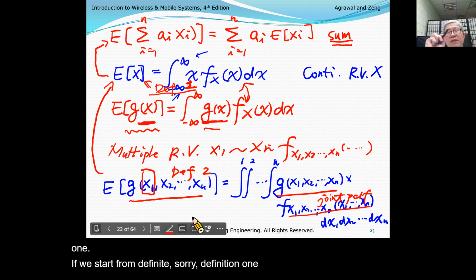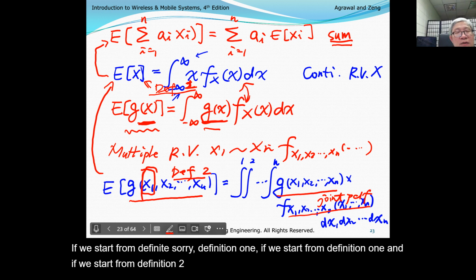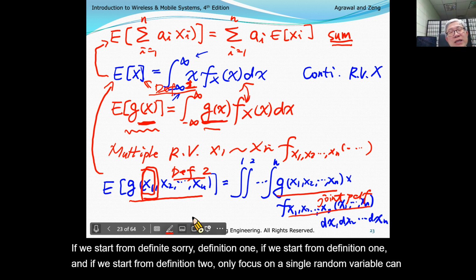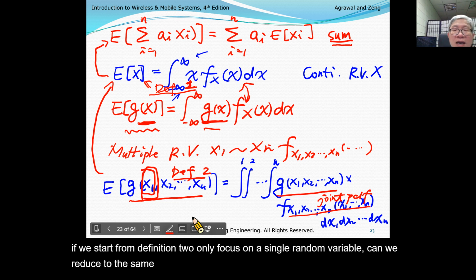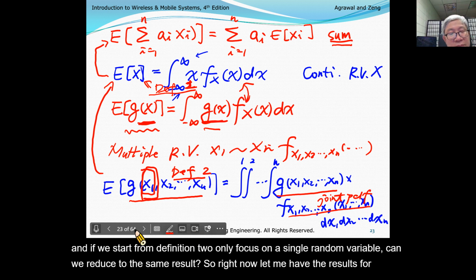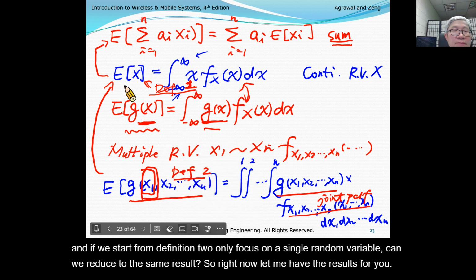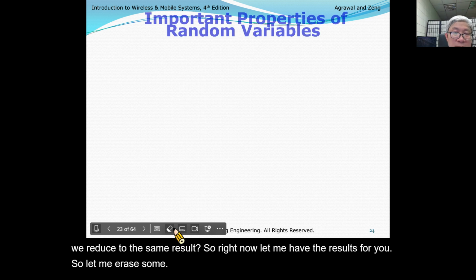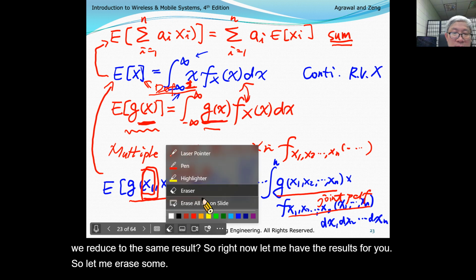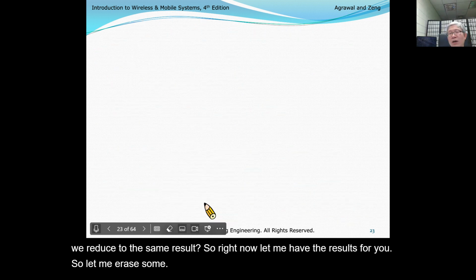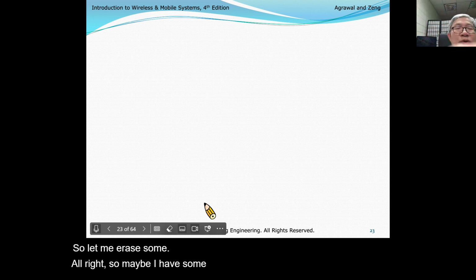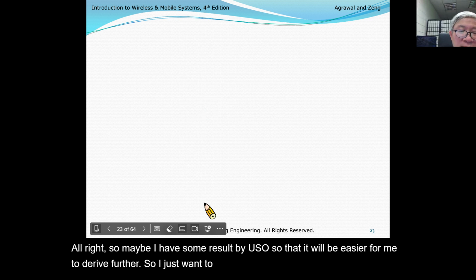If we start from definition 1, and if we start from definition 2, only focusing on a single random variable, can we reduce to the same result? So right now, let me have the results for you. Let me erase some so that it will be easier for me to derive further.